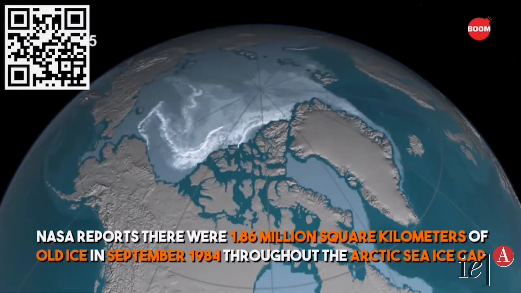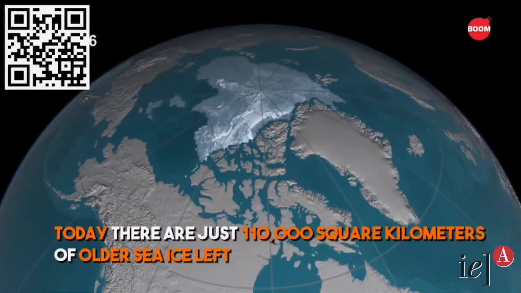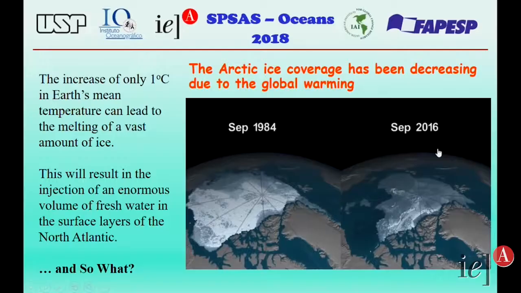Well, what's the consequence of having more fresh water being released in this region as a result of global warming? And global warming is something anyone that has some sense of reality cannot deny. So from 1984 to 2016, you see the difference between the distribution of ice in one specific season.